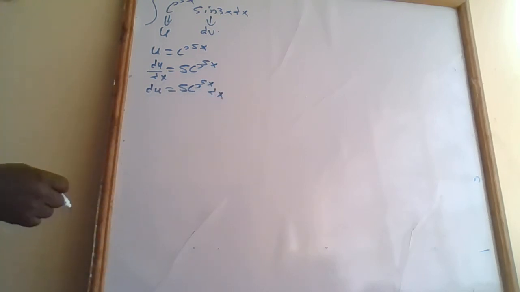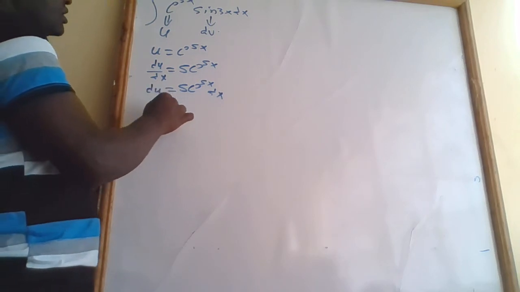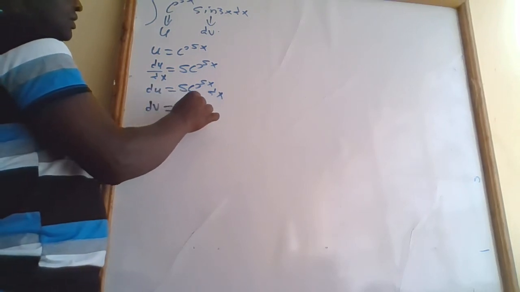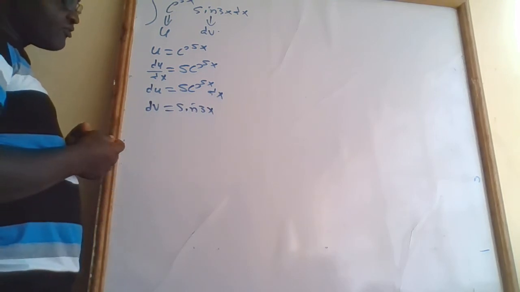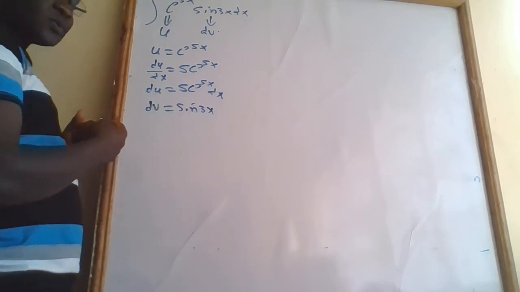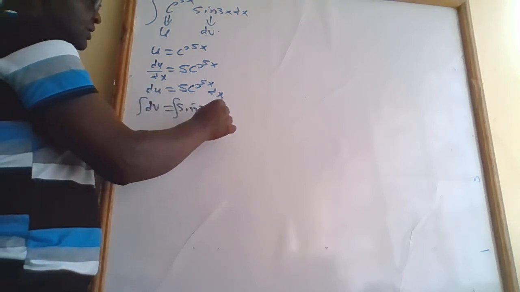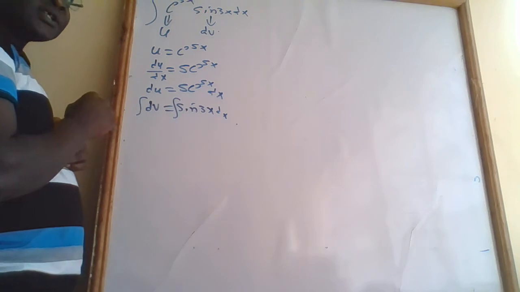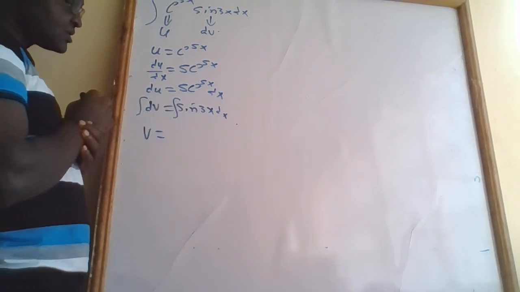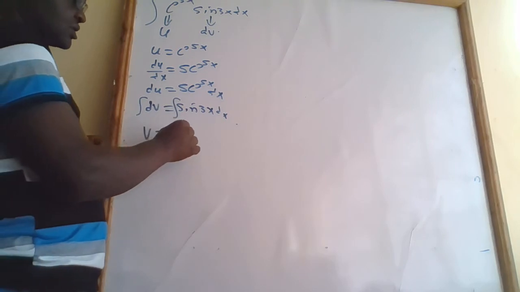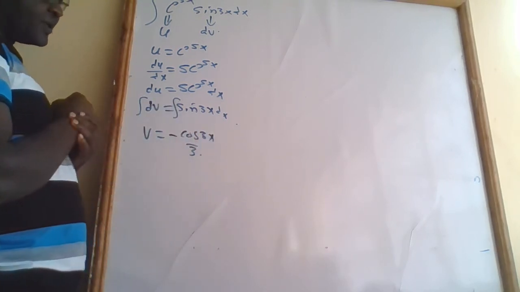So that's the value of du. Then we are saying that dv equals sine 3x. For us to get the value of v, we integrate this equation on both sides. When you integrate dv, you have v. When you integrate sine 3x, we get minus cos 3x all over 3.